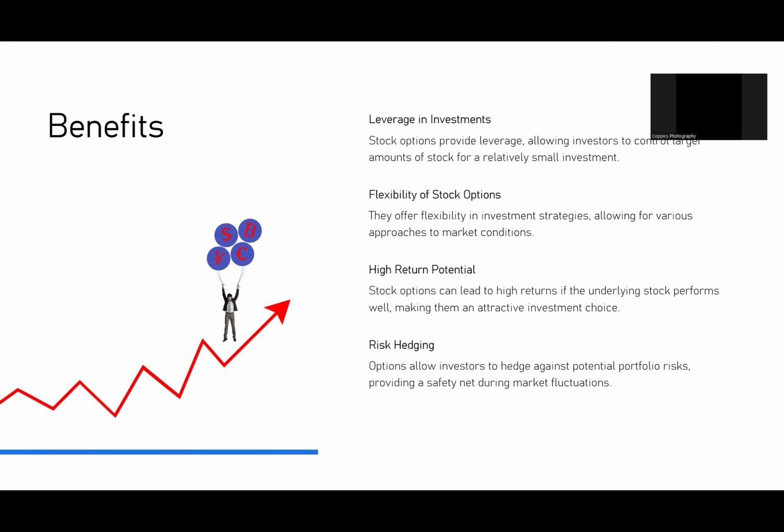And then there's the flexibility. We talked about the various ways that you can approach it, right? You can sell premium, or if you say, I believe it's going to go to $10 and it rockets up to $40, now you can buy those shares and say, wow, I have 100 shares of this stock at $10 now. And if it continues to go, I don't have to worry about time decay. Let's go back to Palantir.